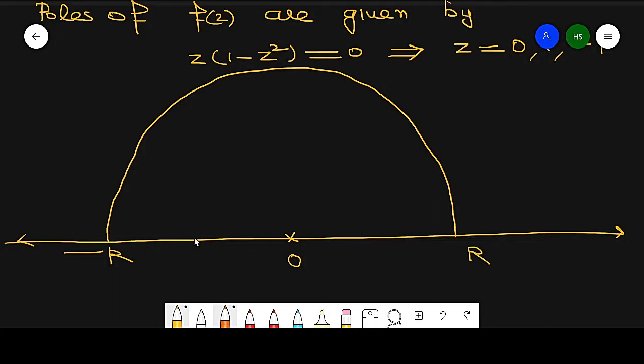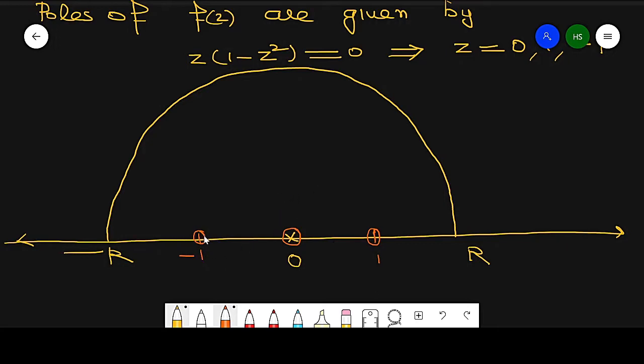This point is minus 1, this point is 1, and this is the origin. So 0, 1 and minus 1 are all singular points of our domain.